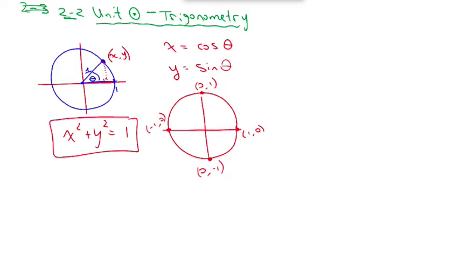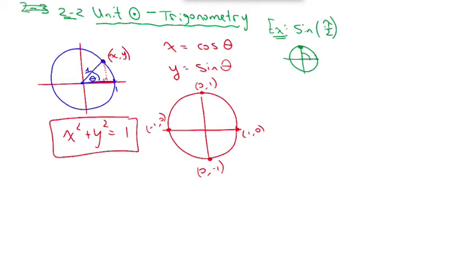Does that make sense? So if I'm asking a question like this, what is the sine of pi over 2? Well, you're on a unit circle, and you're at the top here. Pi over 2 would be this angle here, the right angle.